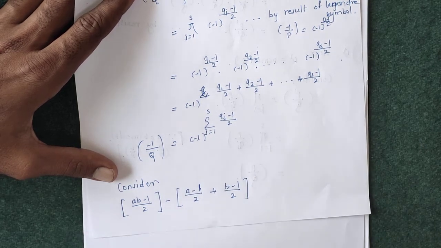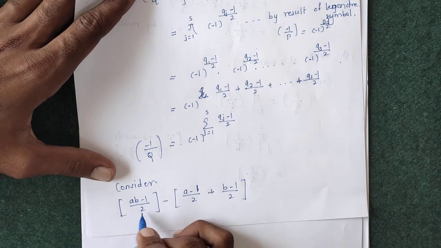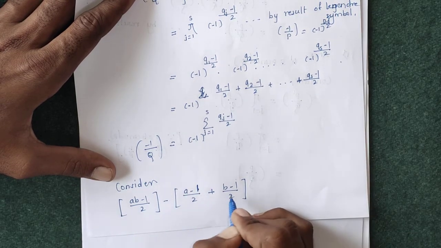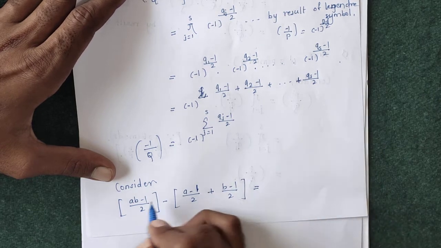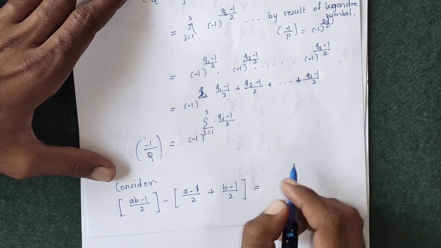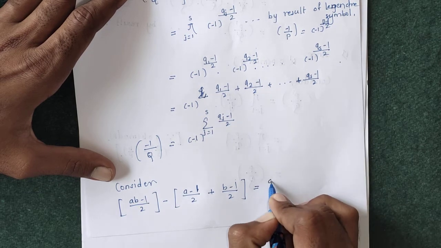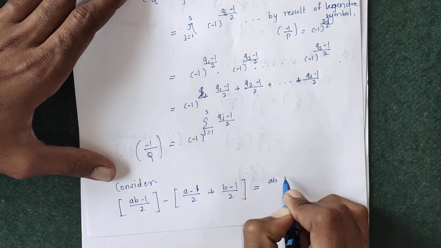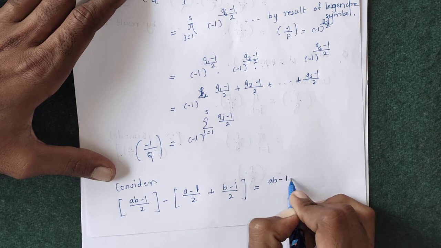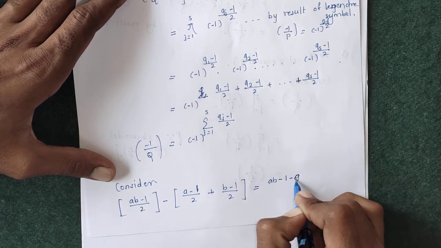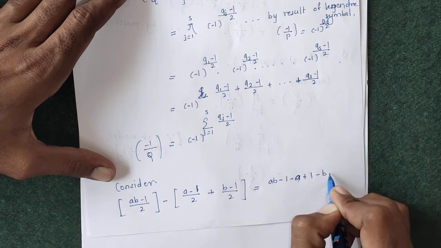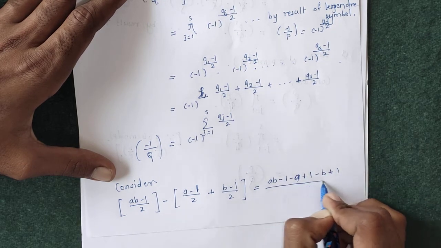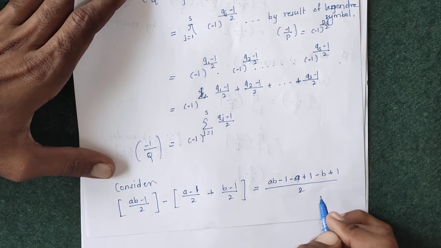If we consider this number here, you can clearly say that here the divisor is 2, again here the divisor is 2, and here again the divisor is 2. So, we can take 1/2 common, and just adding the numerators, we will get ab minus 1, then minus a plus 1, then minus b plus 1, divided by 2.